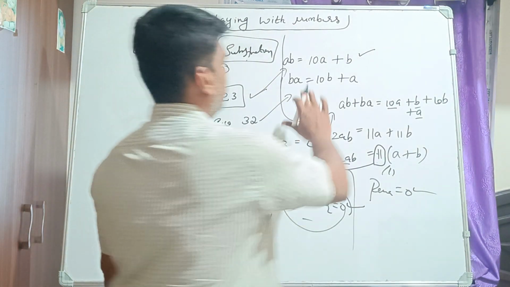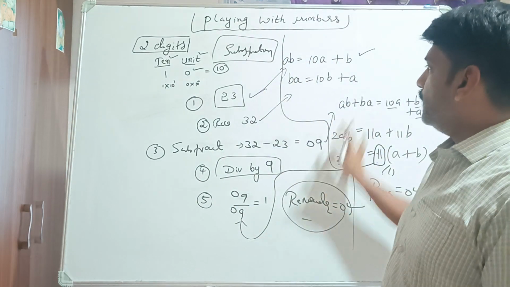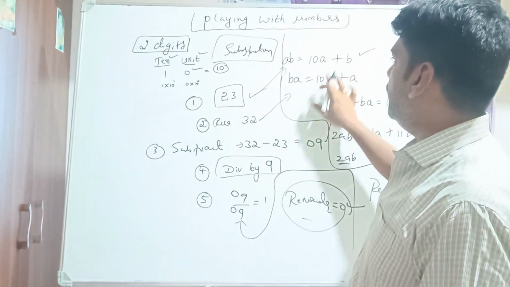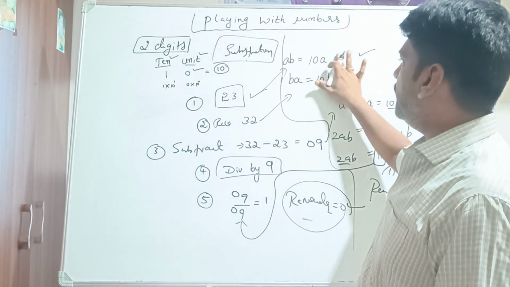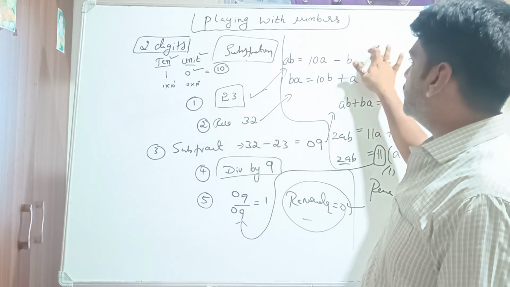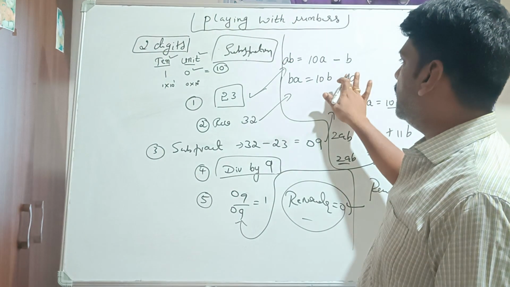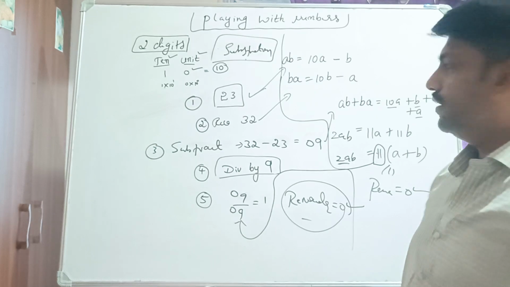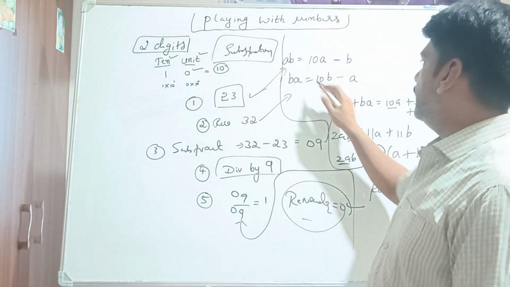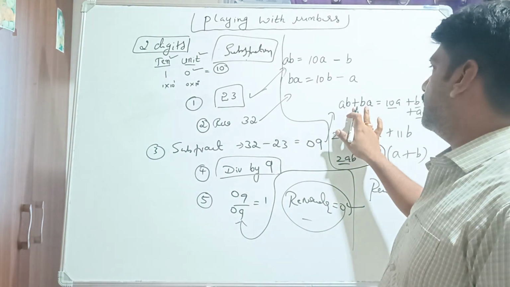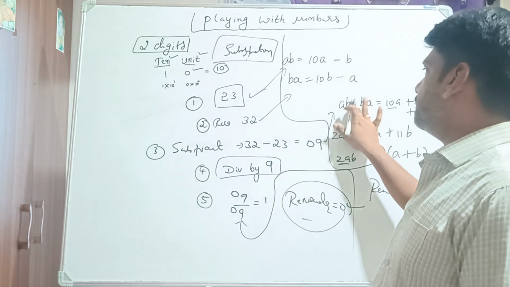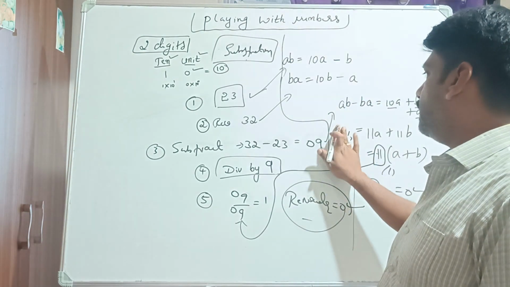Now what is the mathematics involved here? Initially it was AB, and now instead of plus, what you should write? Minus. Here also, instead of plus, you should write minus. So we should subtract, right? If you subtract AB minus BA here, what are you going to get?